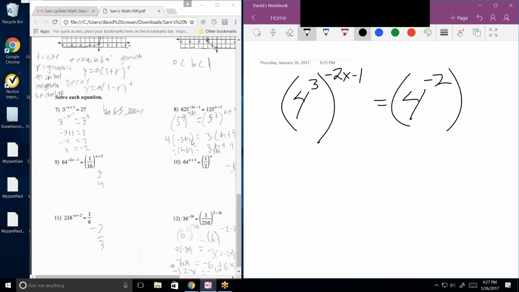So there's your 1/16. Now I've got to take it to the x plus 3. Now I'm going to multiply exponents. In other words, now I've got my common exponential base on both sides of the equation. It's 4. So what's the next line?